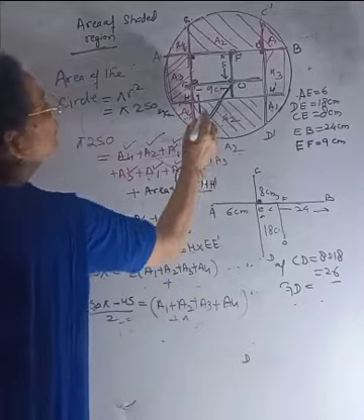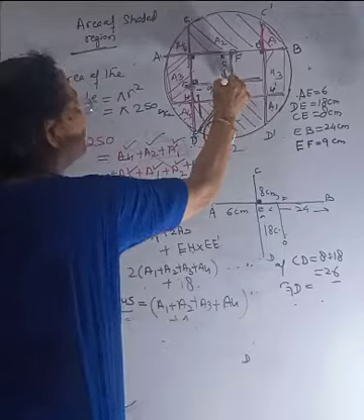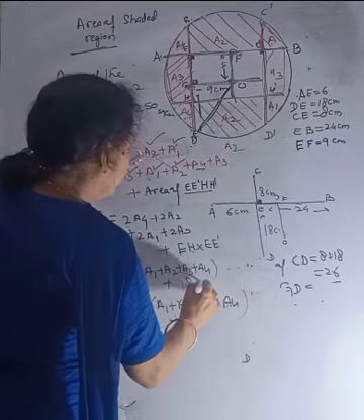It should be 18, because this is 9, this is 9. It should be 18, very sorry. And this is 5 and this will also be 5, so 10.